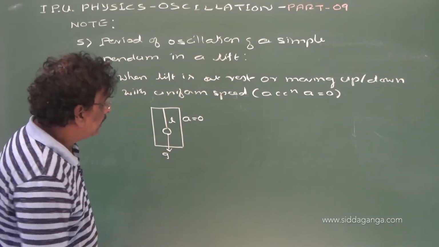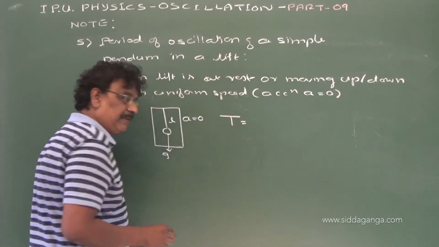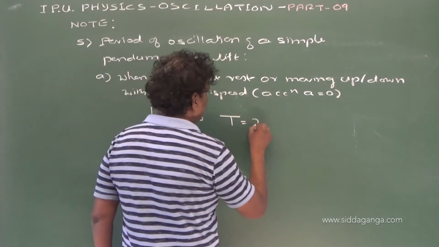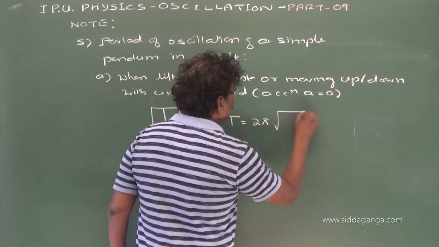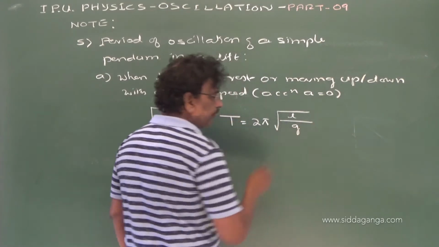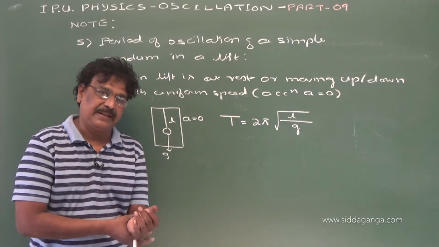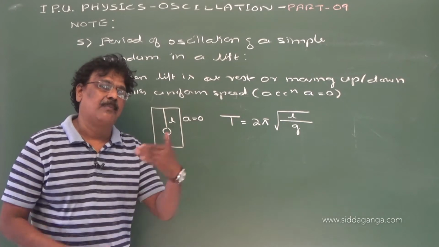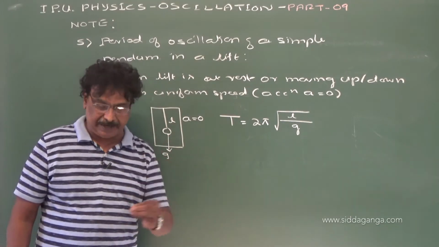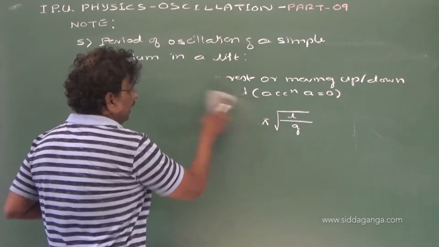Clear? Then in this case the effective acceleration due to gravity is equal to g. Therefore T is equal to 2 pi into square root of L by g. The period of oscillation remains the same if the lift is at rest or moving upward or downward with uniform speed.